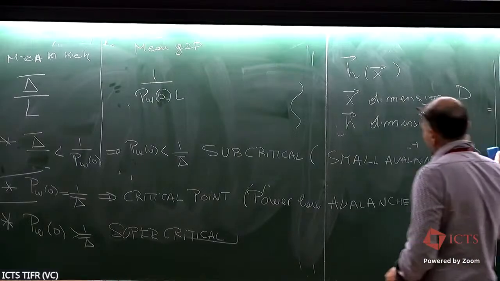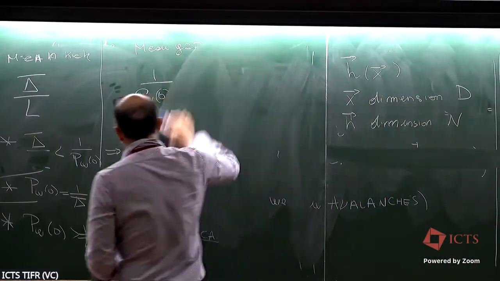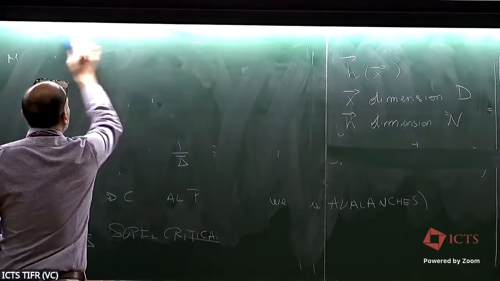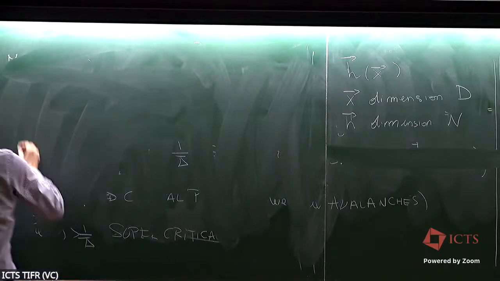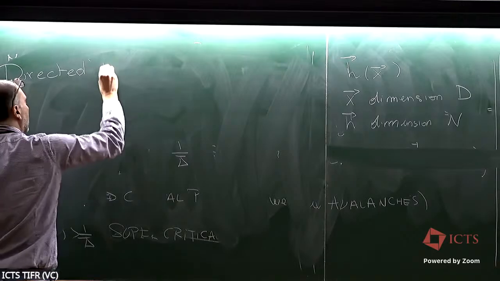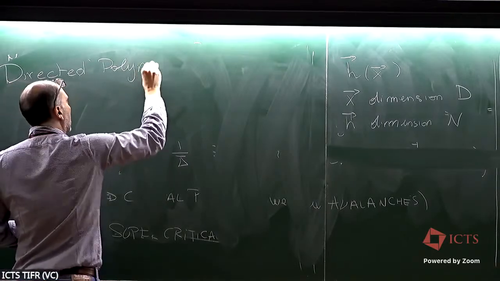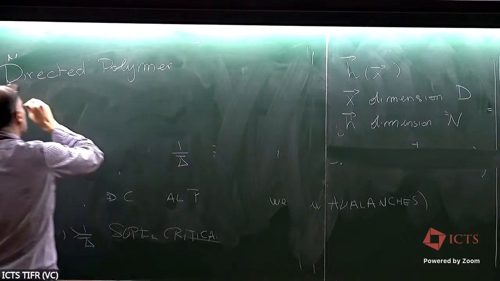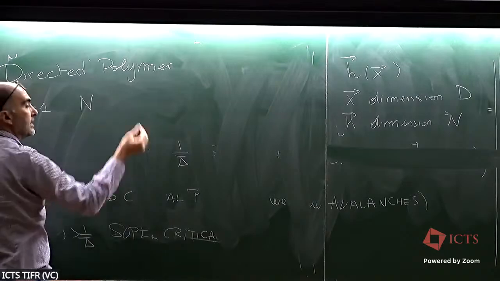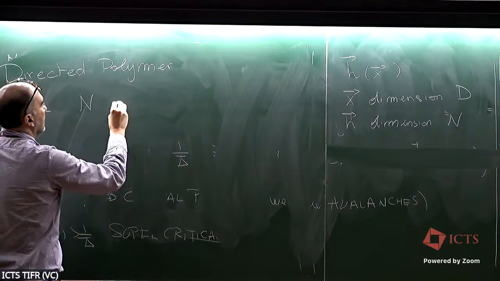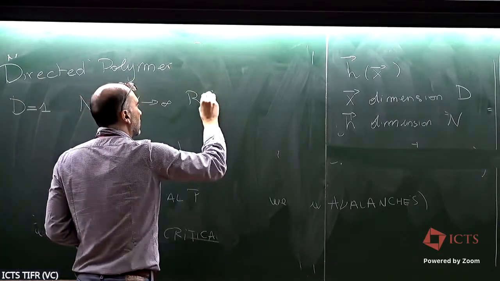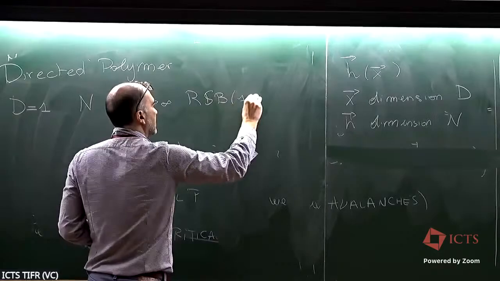So this is a generic manifold. The directed polymer means d is equal to 1, x is the time, and n is a number. And when n goes to infinity, then you have a mean field model, which is RSB, and is one step.